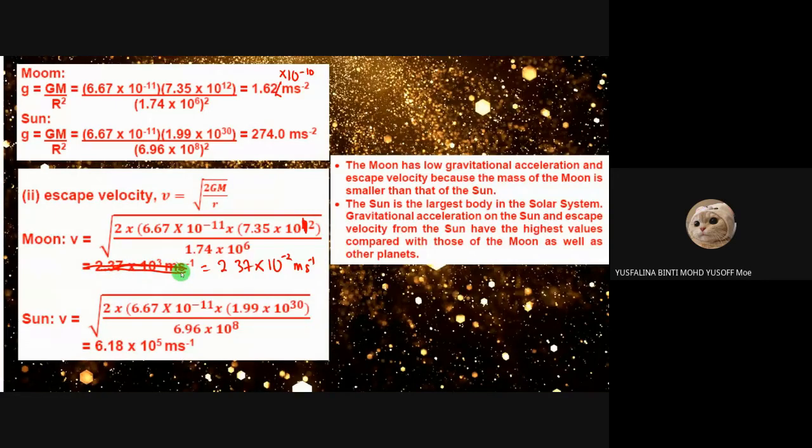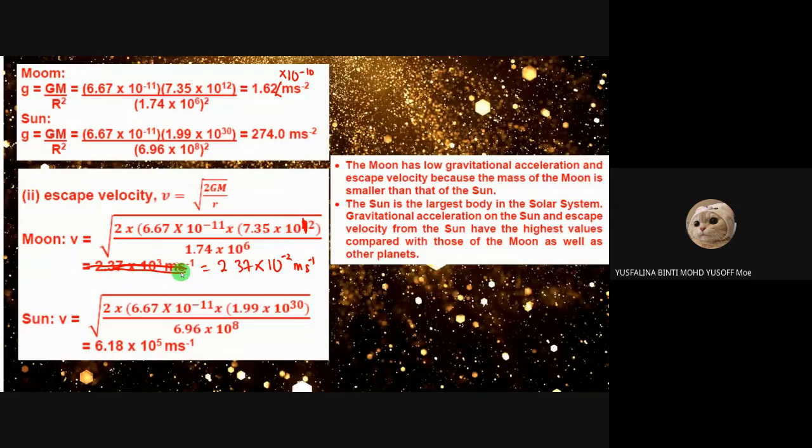Okay. So for the sun it is correct, right? For the sun, 2 times 6.67 exponent negative 11 times 1.99 exponent 30, then divide by 6.96 exponent 8, and then you square root the answer.